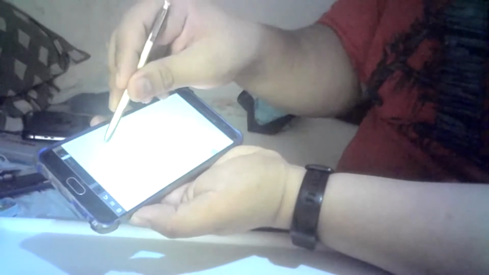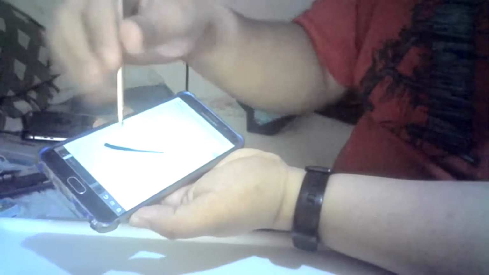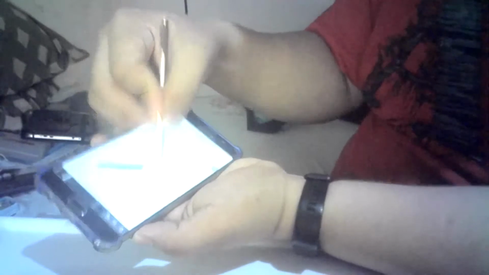Start with the top, going downward. It can be like this, but there are other ways to write that. The ideal way to write the na is least pressure from the top, then you increase the pressure as you go down.